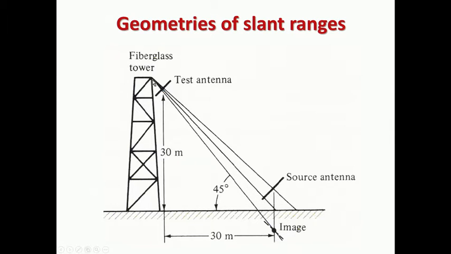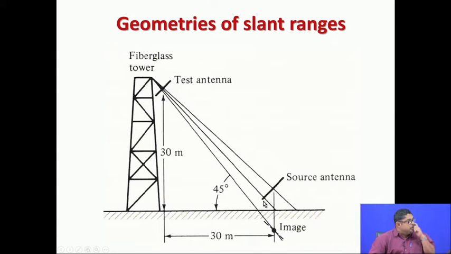In slant ranges the test antenna is put on a tower and the source antenna is not on a tower, it is put on the ground, and by suitable design you also remove the specular reflections. Slant ranges utilize space better, because you do not require a very large tower as in the case of elevated ranges.